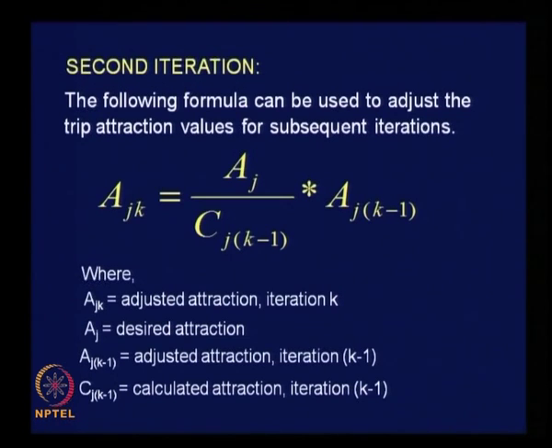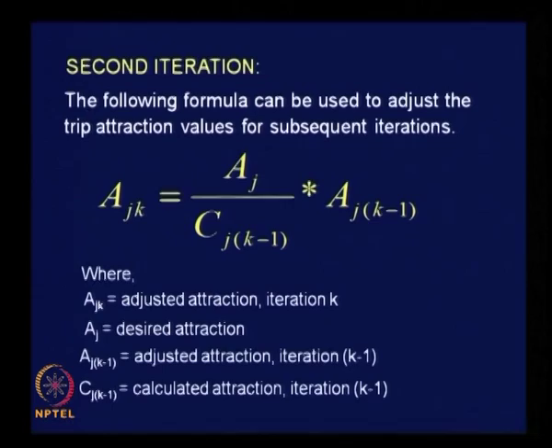So we have some value of trip attraction as a result of the calculation, indicated here as Cj(k-1). That is what we get as the total of the cell values along each column at the end of the calculation. Aj(k-1) is nothing but the attraction values given initially for that particular iteration as trip attraction values.